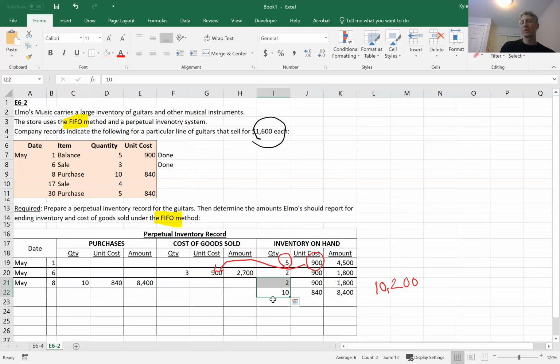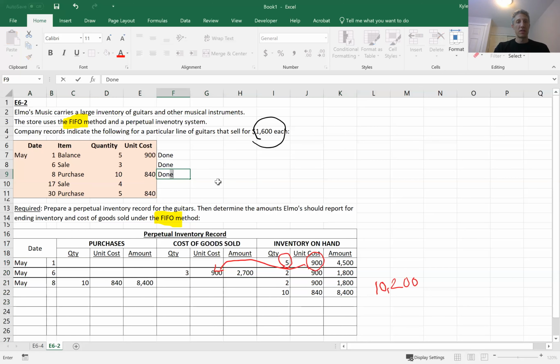So what you'll notice with the FIFO method is, for all of the unique unit prices that we have, we're going to have that number of lines within our inventory on hand portion of the perpetual inventory record schedule. So since we have 2 unique unit prices, as of the May 8th date, we're going to have 2 lines, one to reflect each of the unique unit prices. But we're done now.